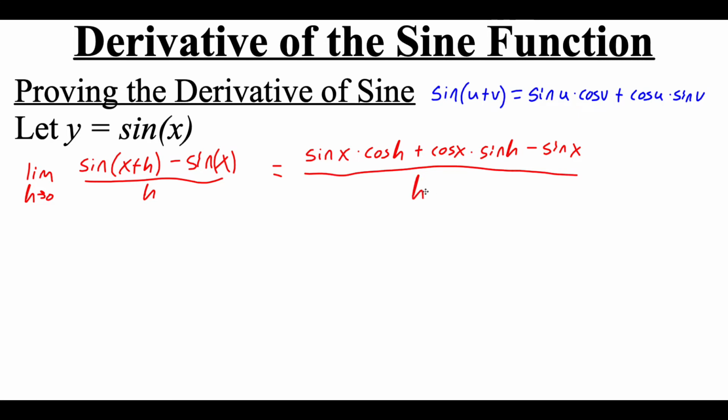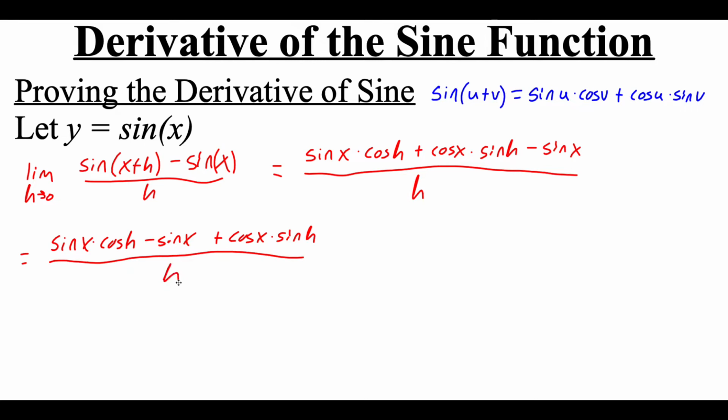Now I'm going to strategically rearrange this. I notice that the front term has a sine of x in it, and the very back term has a sine of x in it. So I'm going to flip-flop these last two terms. Then my fraction says the sine of x times the cosine of h, minus the sine of x, plus the cosine of x times the sine of h, all over h.